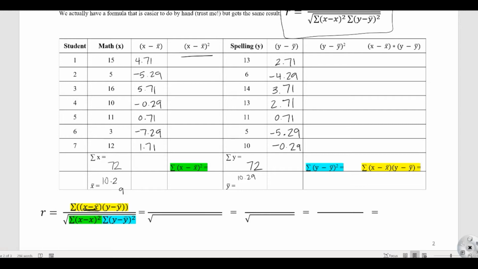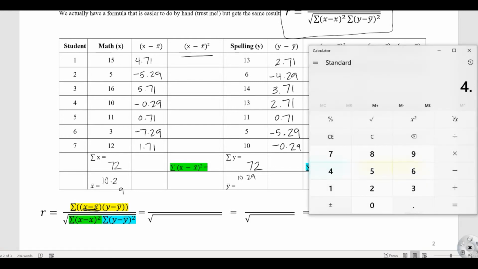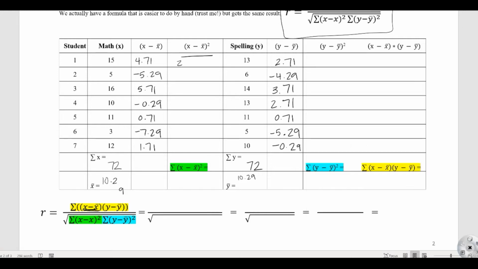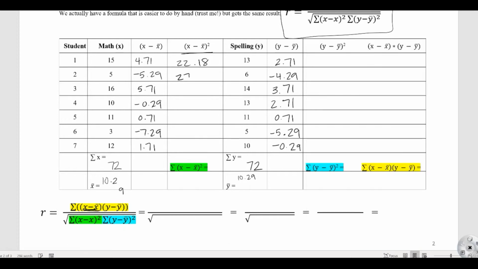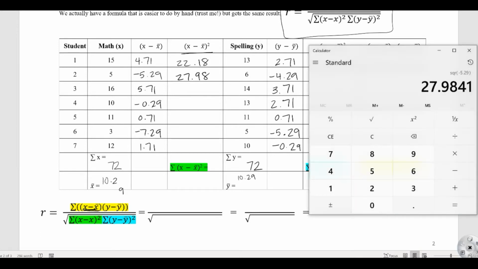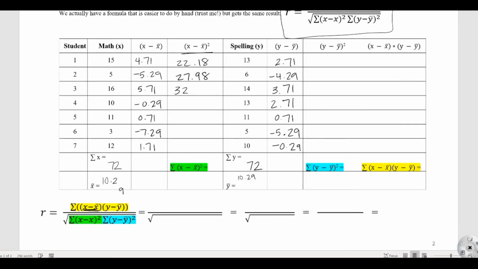So 4.71 squared is 22.18. And then negative 5.29 squared, 27.98. 5.71, 32.60.